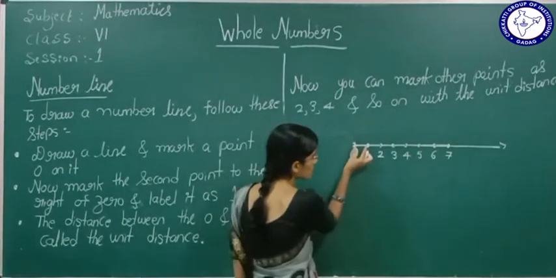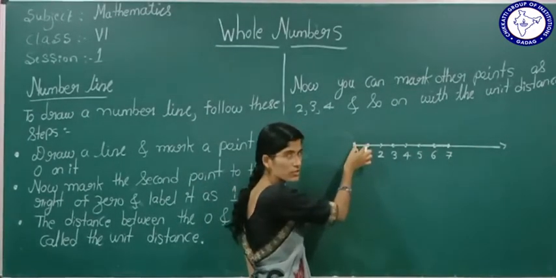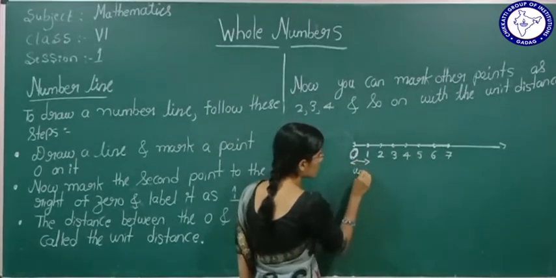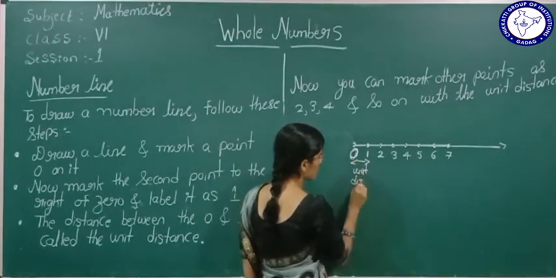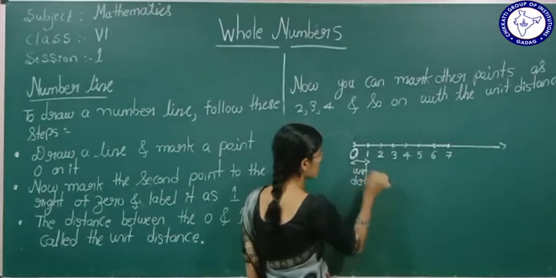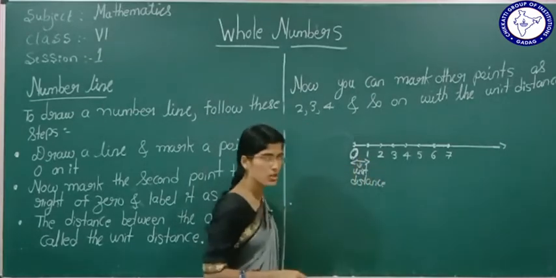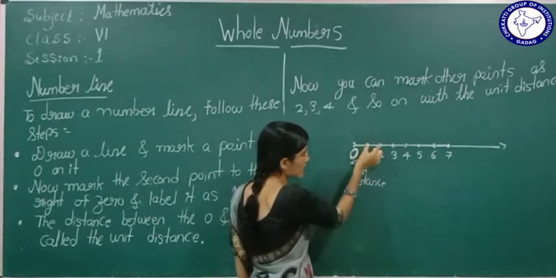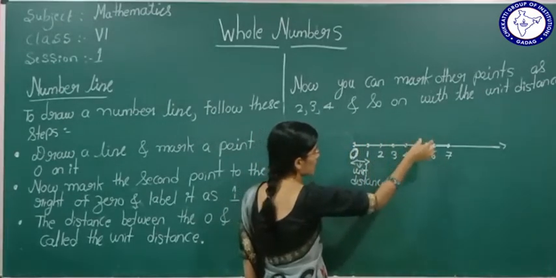Whatever distance you take from here to here, this is called the unit distance. However much you take as the unit distance, the same thing you have to maintain here.